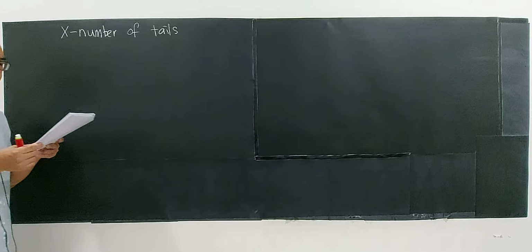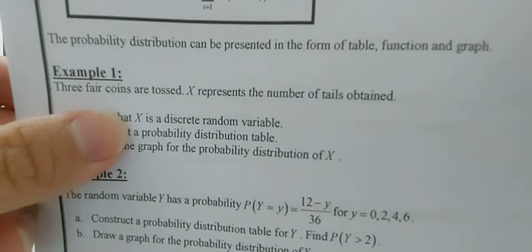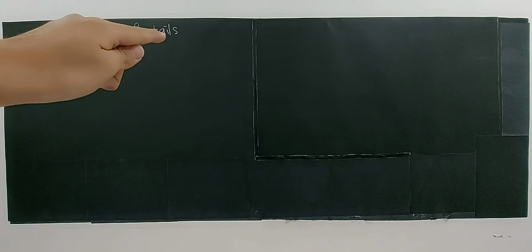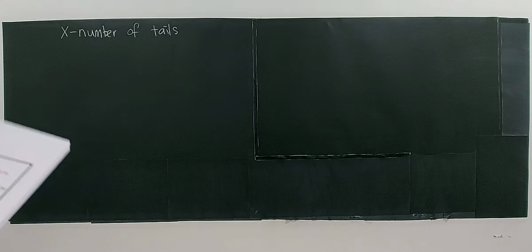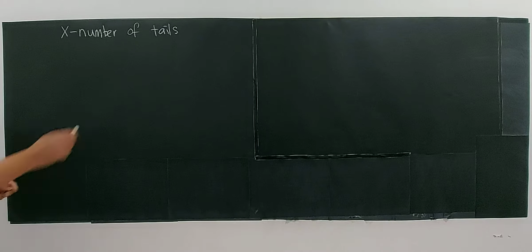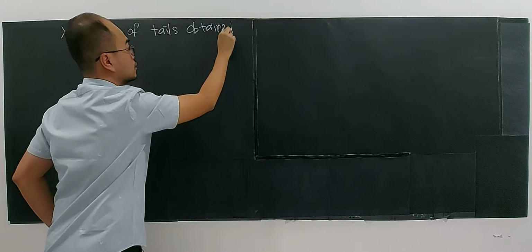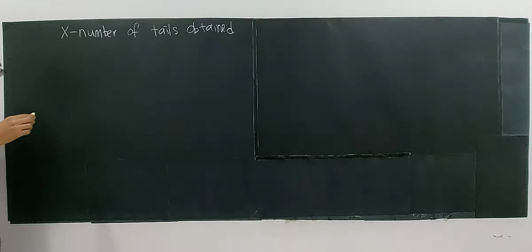The question says show that X is a discrete random variable, which means that X, the number of tails obtained, is a discrete random variable. Let's start with a tree diagram, which will be easier.